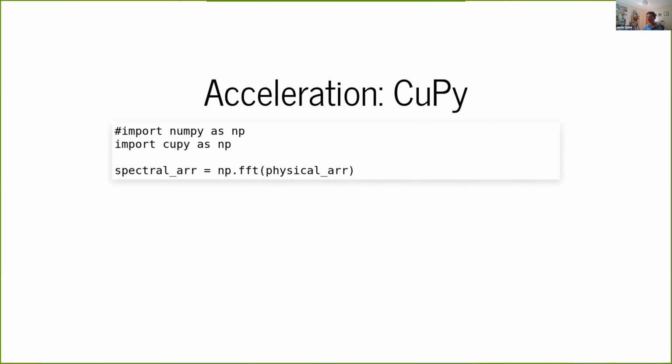And then you get access to all of CuPy's functions, which are essentially just recreations of NumPy and a lot of SciPy functions as well, but accelerated. They're all written in CUDA, and it's accelerated on NVIDIA GPUs. I think they have some support at the moment now for AMD GPUs, but I think that's still quite early days.